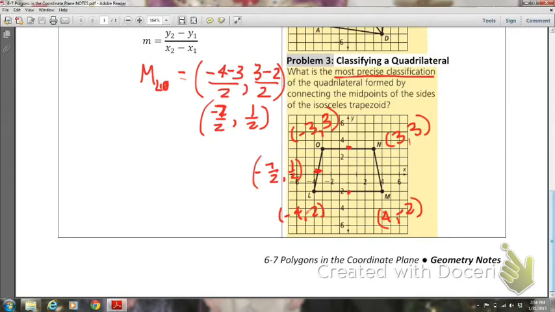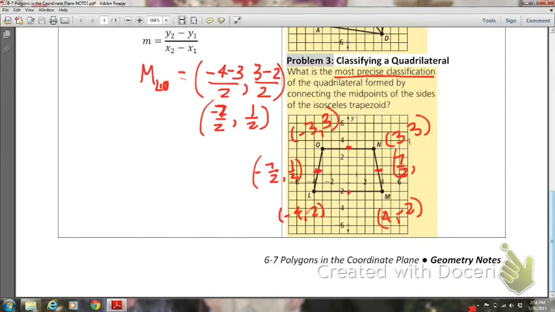The point on the other side, use the same method. Add your x values together between M and N, which is 3 plus 4 is 7 divided by 2, because that's going to be 7/2 for your x value.